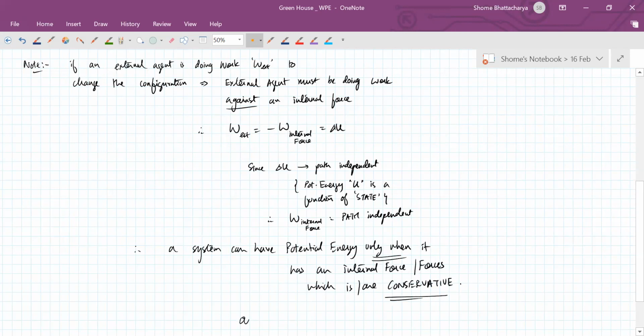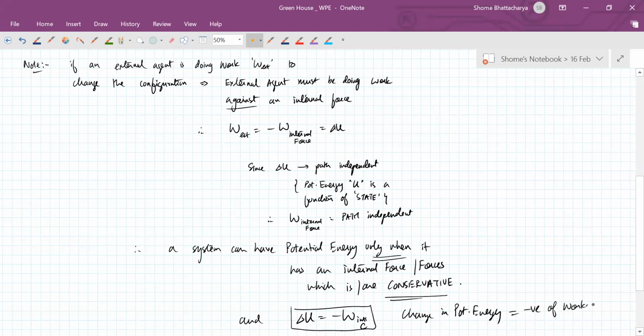And the proper definition of the relationship between the two becomes: delta U is the negative of the work done by the internal conservative force. Change in potential energy equals the negative of the work done by the system's internal conservative force.